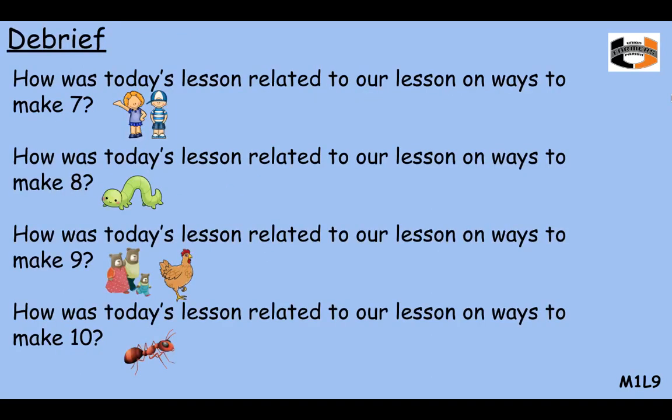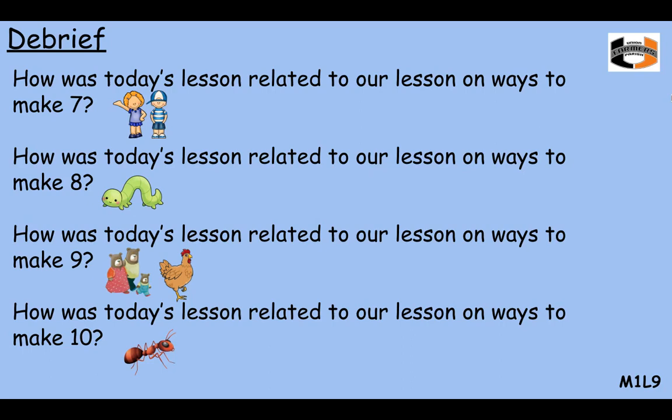Here is today's debrief. How was today's lesson related to our lesson on ways to make 7? Do you remember the students that were going on the field trip? Started with 5, and then 2 more paid, and then a total of 7 students were going on the trip.